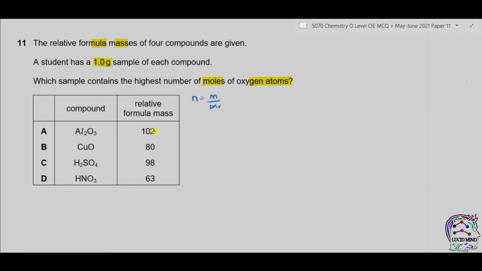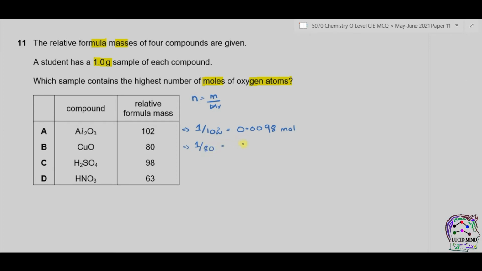So for aluminum oxide, we can find the number of moles. It will be equal to 1 divided by 102, and it comes equal to 0.0098 moles. Similarly, 1 divided by 80 for copper oxide.